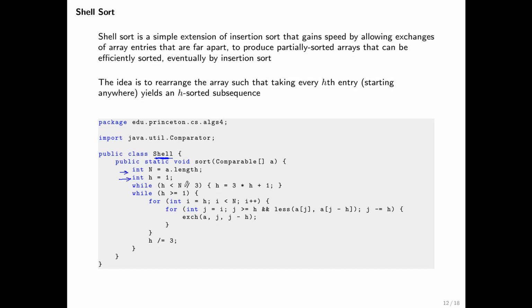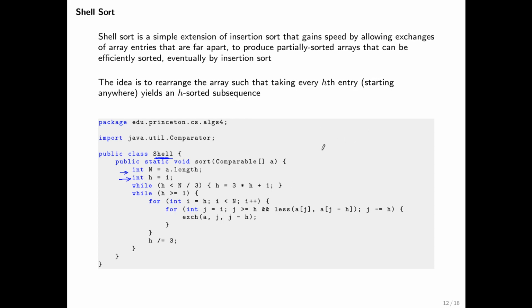As long as h is less than a third of N, the new value of h is 3 times the current value plus 1. At some point this loop exits, and we have some value for h. What we will do next is simply sort the elements that are h apart.